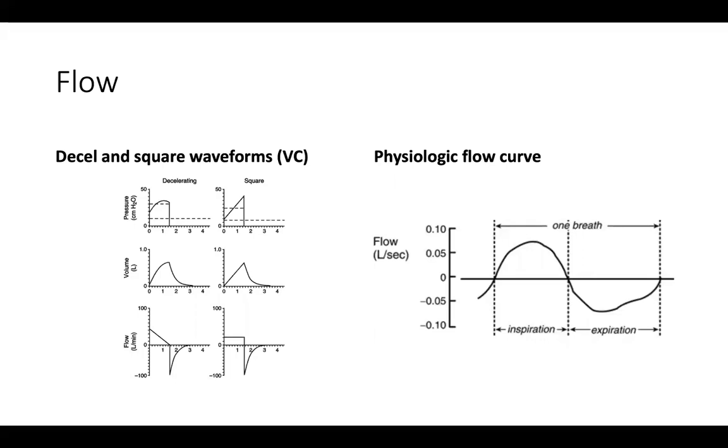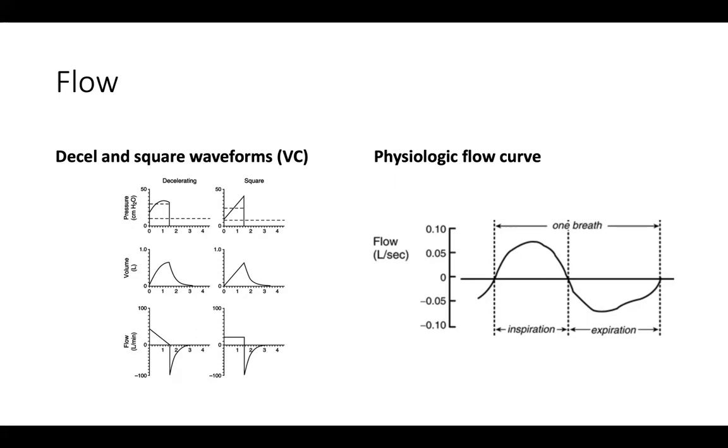If you look at the left-hand diagram, the square waveform is depicted on the right-hand side of that diagram with the flow curve being at the bottom. Essentially when you start a breath, you're delivering a constant amount of flow, the same liters per minute throughout the entire breath until the breath terminates. And so you can see it creates a square shape when you graph it.